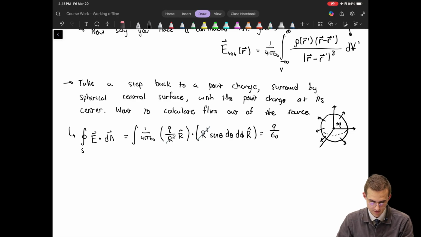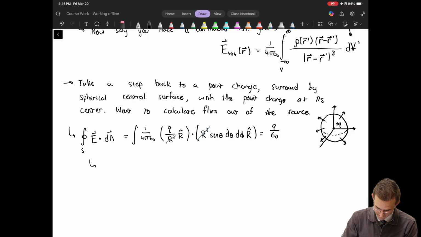So that's really nice. The total flux out of the source is just equal to the point charge enclosed divided by epsilon naught. That seems like a pretty simple relationship, and we're getting very close to that first of Maxwell's equations now.